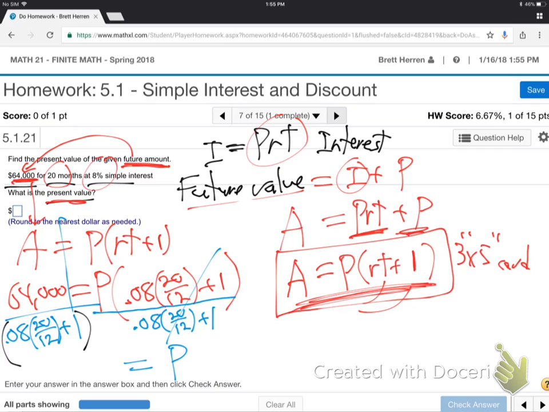So put parentheses around the denominator because there's more than one item. Whenever there's more than one thing in the numerator or denominator, you should parenthesize them so the calculator knows what's what. So 0.08 times 20 divided by 12, plus 1. So I'm getting 56,470.59, which rounds to 59.